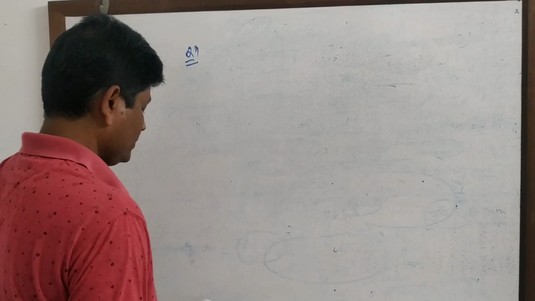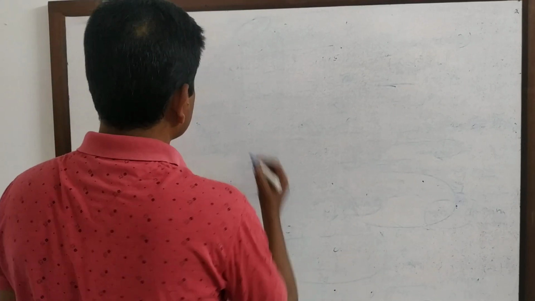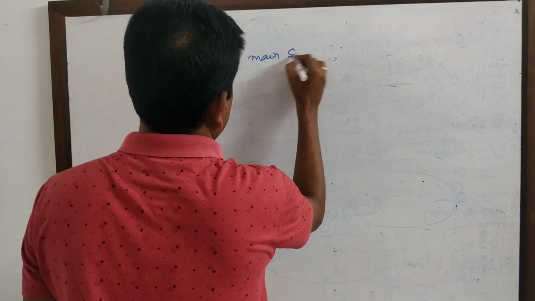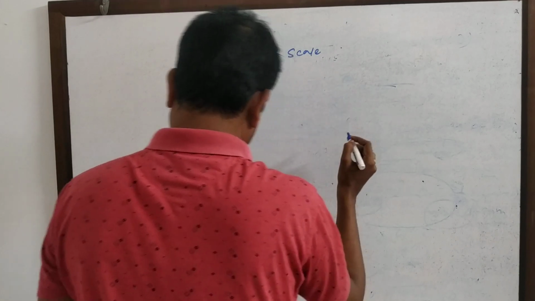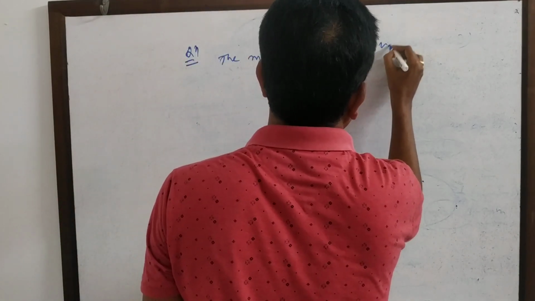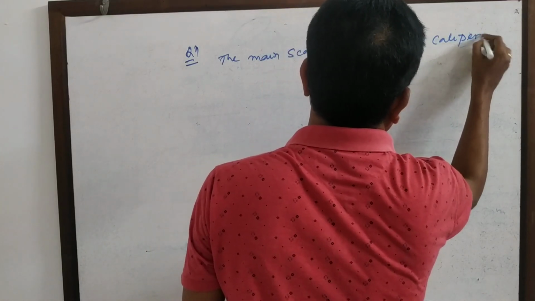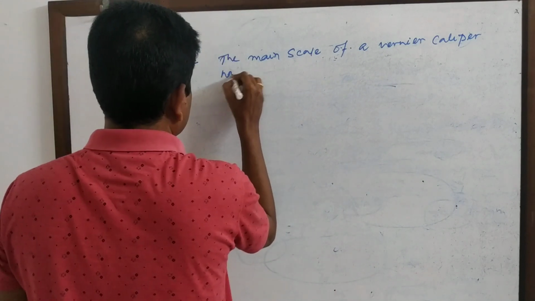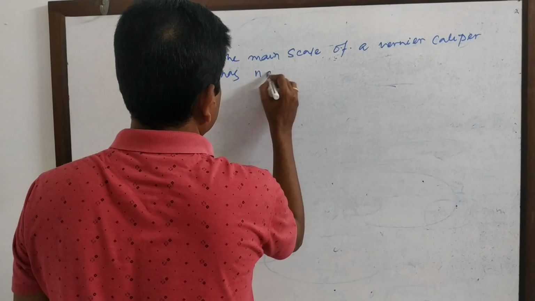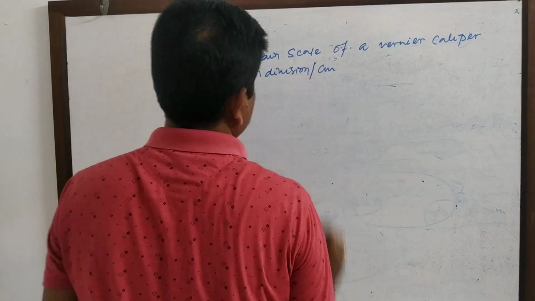The main scale of a vernier caliper has n divisions per cm.